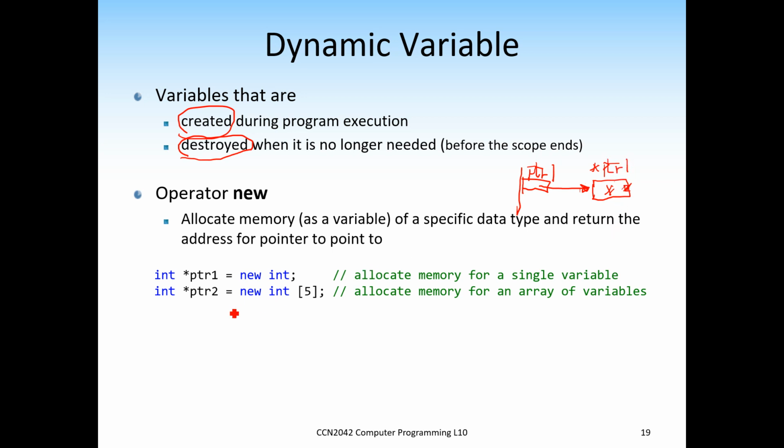that we can also allocate a block of memory by referring to the array notation. So when we got pointer 2 equals new integer and then square bracket 5, it means that in the memory, what we have is just that pointer 2. Pointer 2 got an address, but the address is just a block of memory.